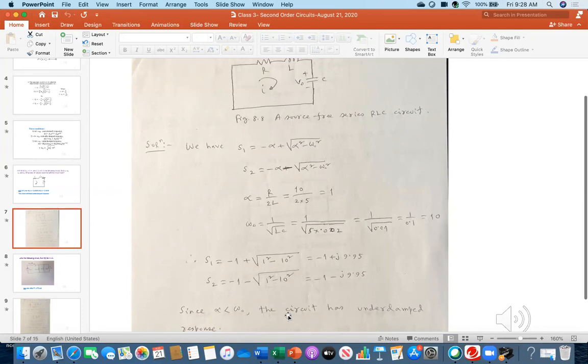The question was also to find S1 and S2, those two natural frequencies. I already have written down the expressions of S1 and S2; just substitute those values. You already calculated alpha and omega naught, so just plug those numbers into this expression and you get S1 and S2.